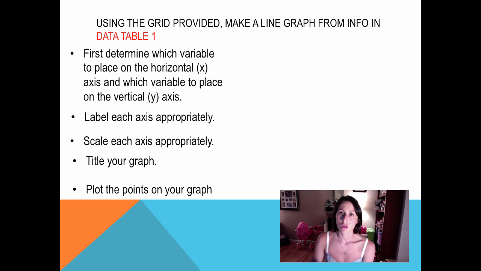Scale them, which means you're going to write the numbers. Make sure you start at 0 and then make your way. And you want to use the whole graph. You don't just want to use one little piece of it, okay? You're going to write a title at the top, and then you are going to plot the points. So go ahead and pause this, go back to data table 1 that's on the information sheet, and create your graph.